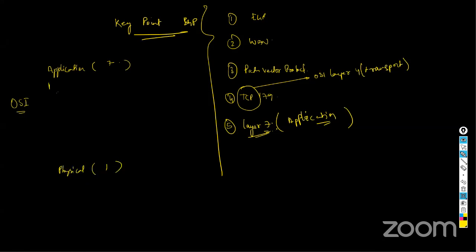You have presentation, session layer, transport layer, network layer, data link layer, right? So TCP and UDP are examples of layer 4. Routing protocol, after all, we are discussing routing protocols, which deal with IP addresses. So you could have also said it's a layer 3 protocol, right?